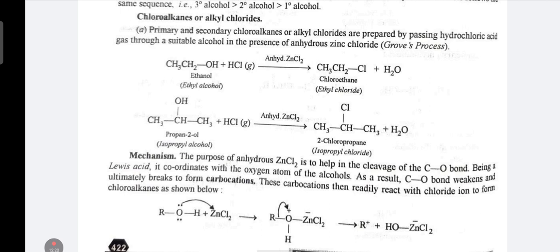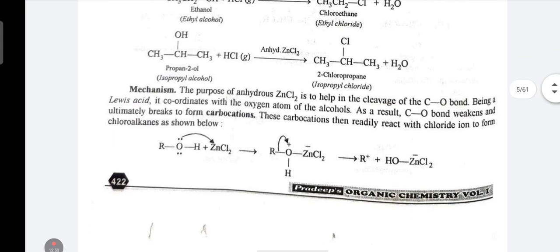The role of anhydrous zinc chloride is to help in the cleavage of the C-O bond. Being a Lewis acid, it coordinates with the oxygen atom of the alcohol. As a result, the C-O bond weakens and ultimately breaks to give the carbocation. These carbocations readily react with the chloride ion to form chloroalkane. That is shown in the figure.